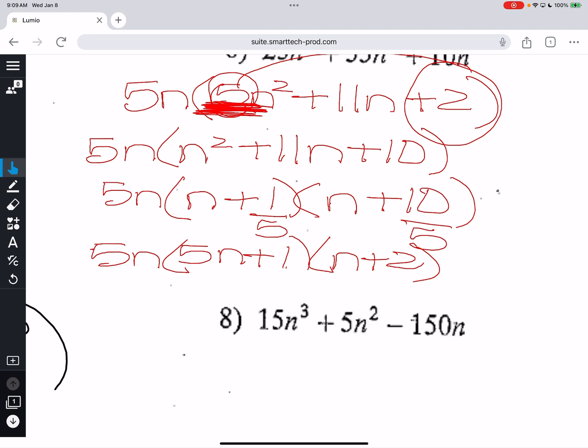Gotcha. So take the lead coefficient, multiply it by the last number. That's 10. So now the lead coefficient, in our altered state, is 1. So it's just going to be n and n. Then you've got to figure out 2 factors that equal 10 that, when you add, in this case, you get 11. So it's going to be 10 and 1.